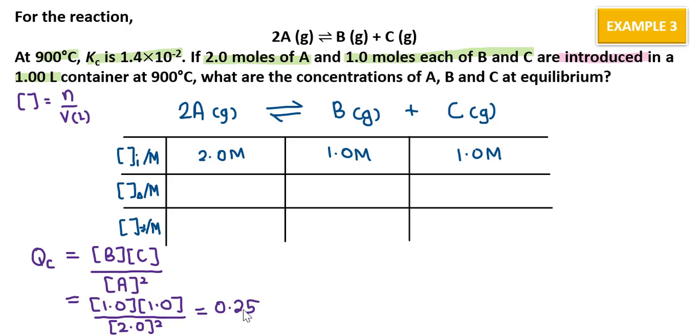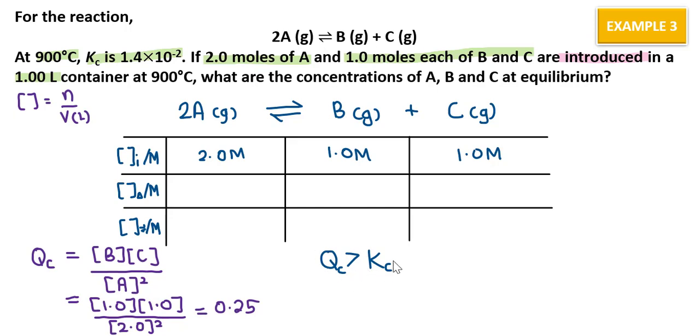After you get the value of the Qc, compare it with the value of the Kc, and see which one has the higher value. So in this case, Q is bigger than K. So the value of the Qc is bigger than the value of Kc.